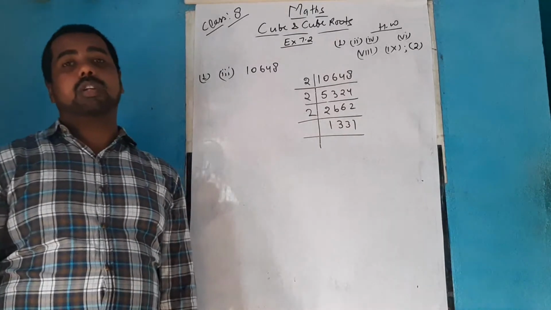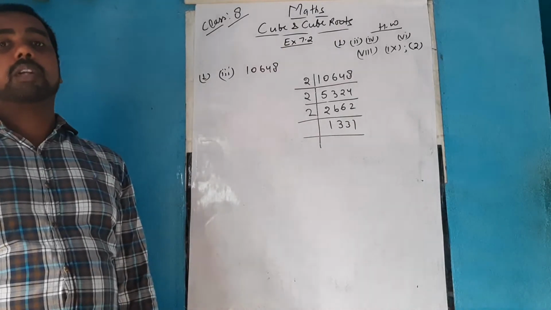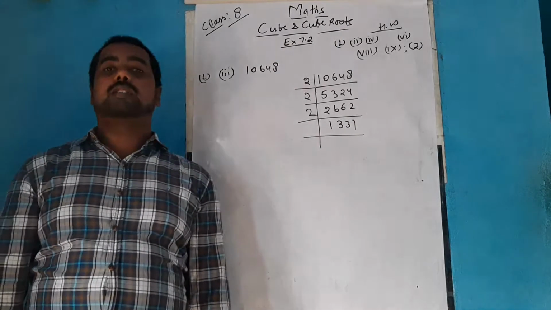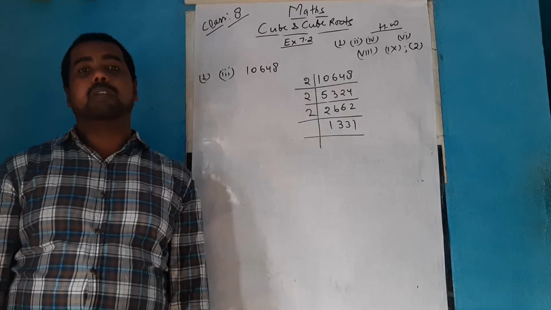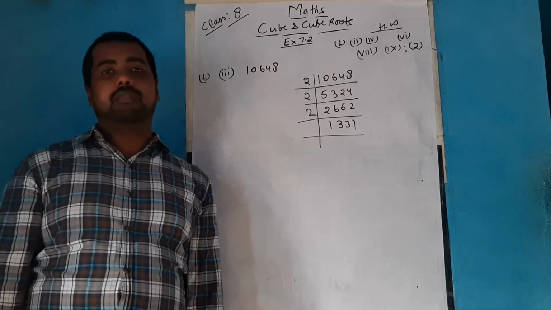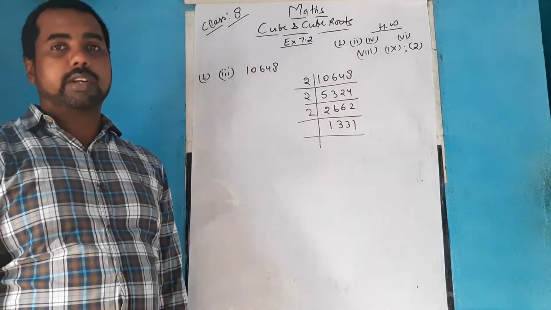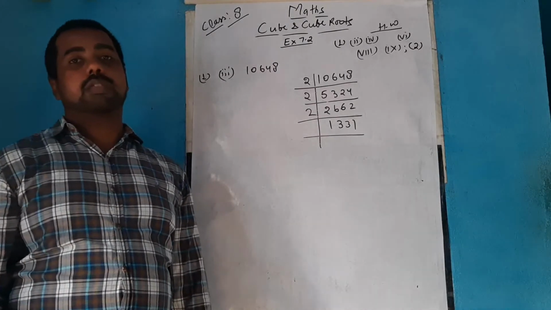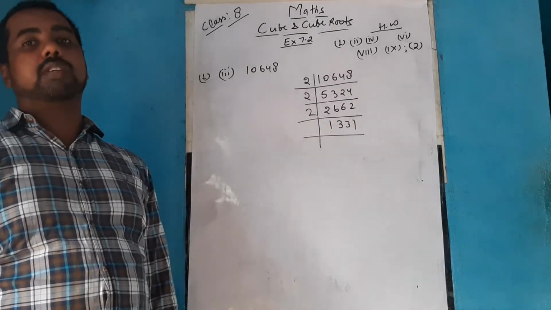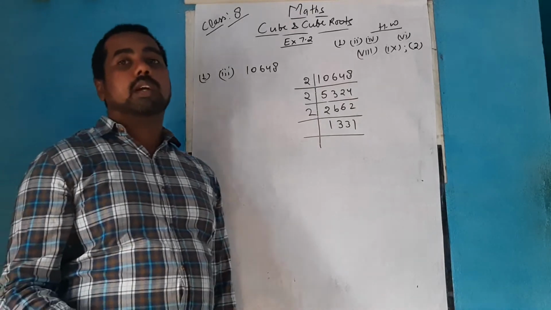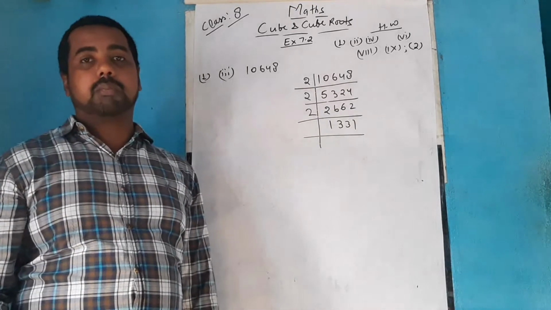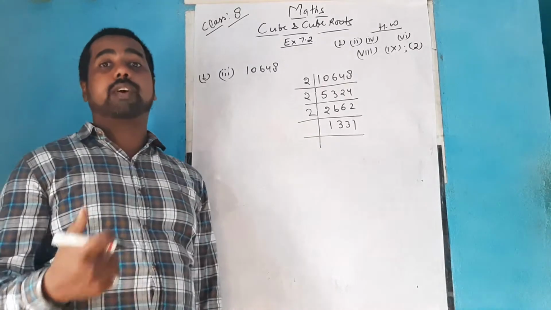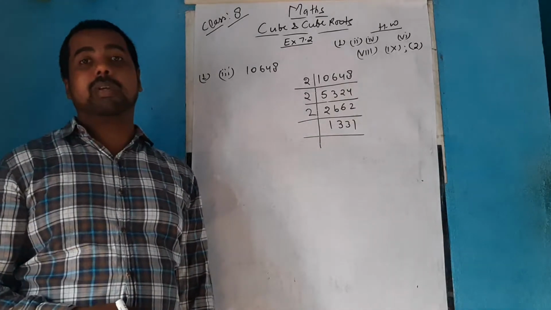I have given you the cubes till 10 only, but in your book cubes are given till 20. At least you should learn till 15. If you learn till 15, it will be easy for you to do these types of calculations. If a number comes which is divisible by 11 only, or by 13 only, then if you don't know the cube of that number, it will be very difficult to find by which number it is going to be divided.